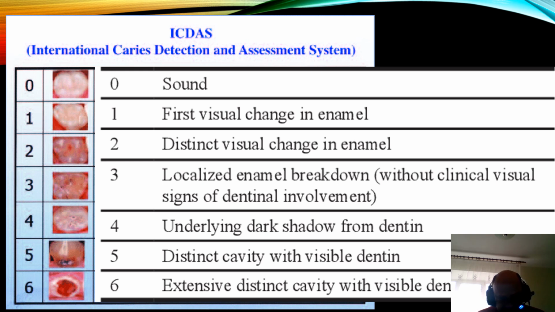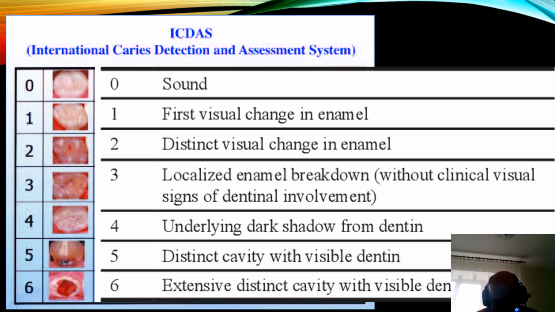Score 1, first visual change in enamel. Score 2, distinct visual change in enamel. Score 3, localized enamel breakdown without clinical visual signs of dentine involvement. Score 4, underlying dark shadow from dentine.